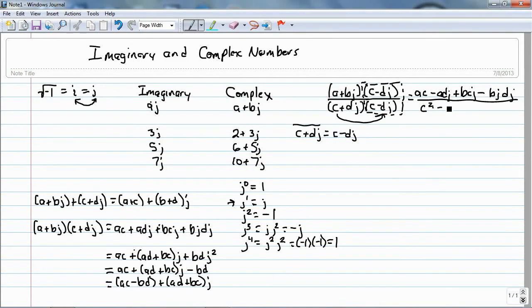So it's going to be minus CDJ, and then I do this one, that's going to be plus CDJ, and then I'm going to have a minus D squared J squared. Now we can simplify.